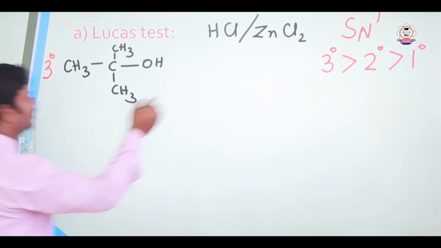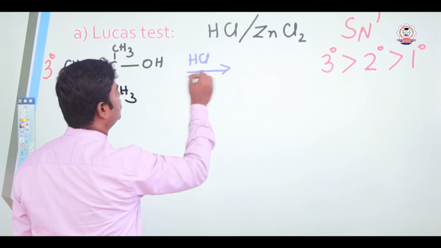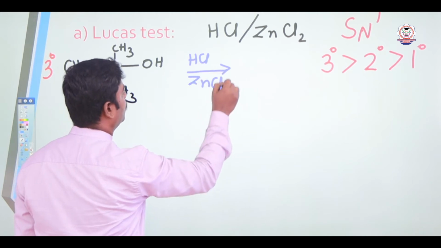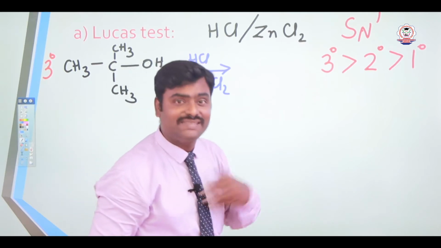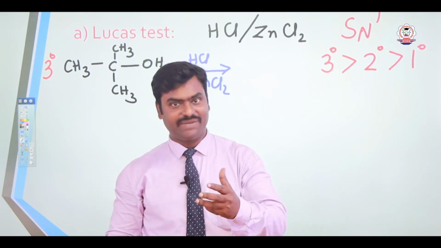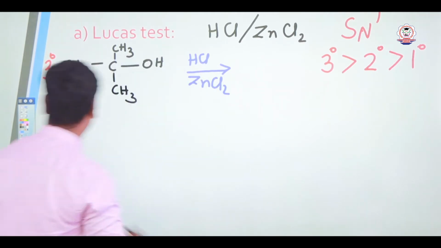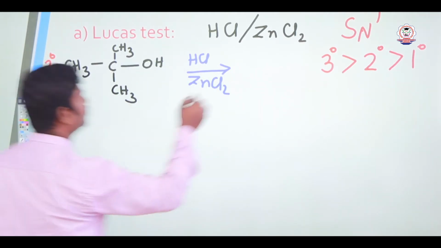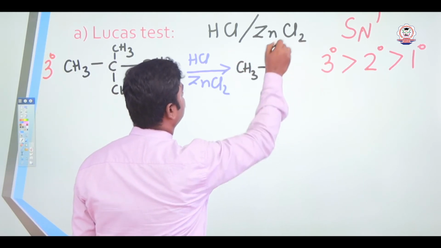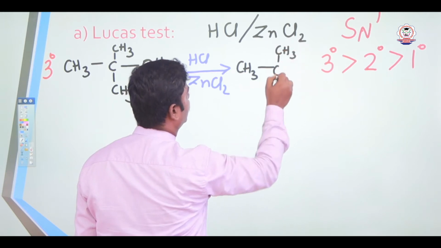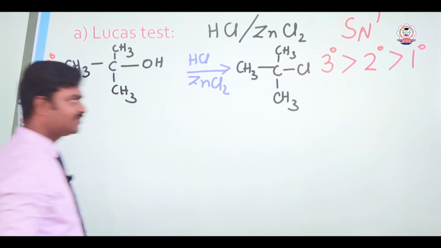When you use Lucas reagent, with this HCl and zinc chloride, what happens? It undergoes the nucleophilic substitution reaction. HCl provides a nucleophile, that is Cl minus, and OH is replaced, and you get the halo-substituted compound, that is CH3, C, CH3 and CH3, with Cl here.